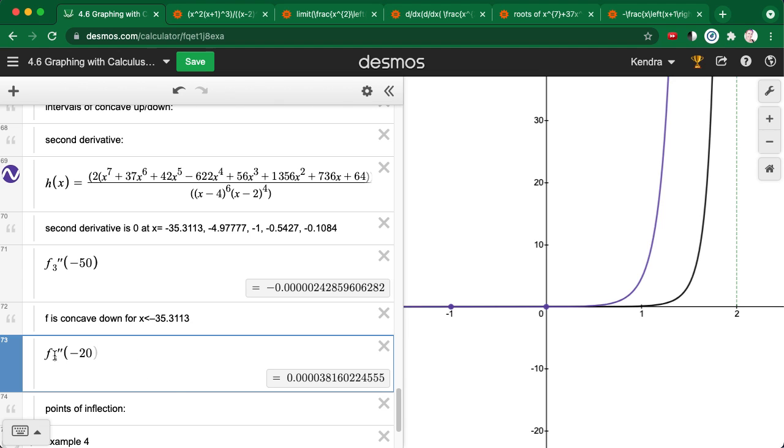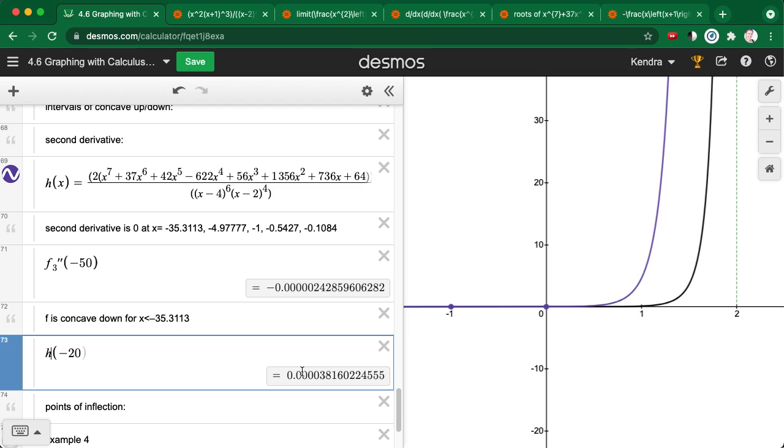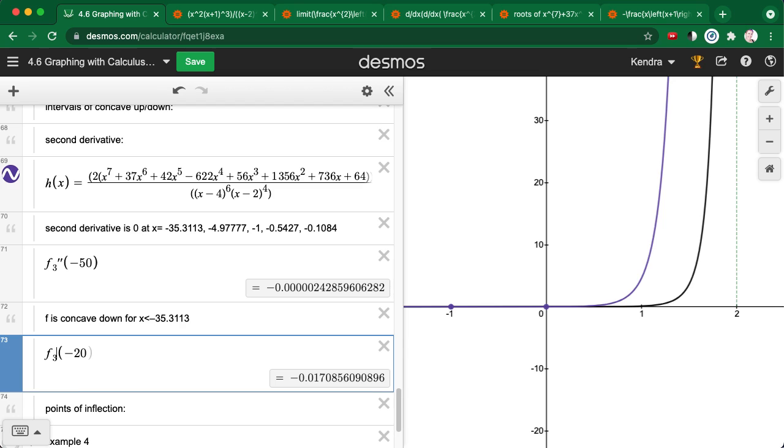Now I need some number between -35 and -4.9, so I don't know, -20. And again, I can call this f3 double prime, or I can call it h. Either way is going to give me the same answer, hopefully. I feel like I did check to see that I got the right h. So if I'm making a mistake in one of these, then I probably got a mistake in boundary points, so there's bigger problems.